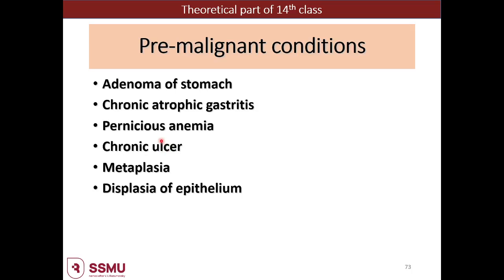Chronic ulcers are associated with chronic damage of epithelial cells, which is why we may see dysplasia and development of malignant tumors. Metaplasia and dysplasia of epithelium are common pathological processes.